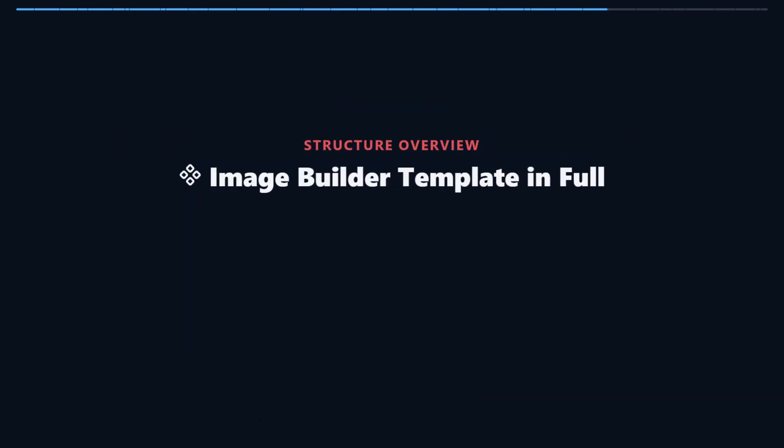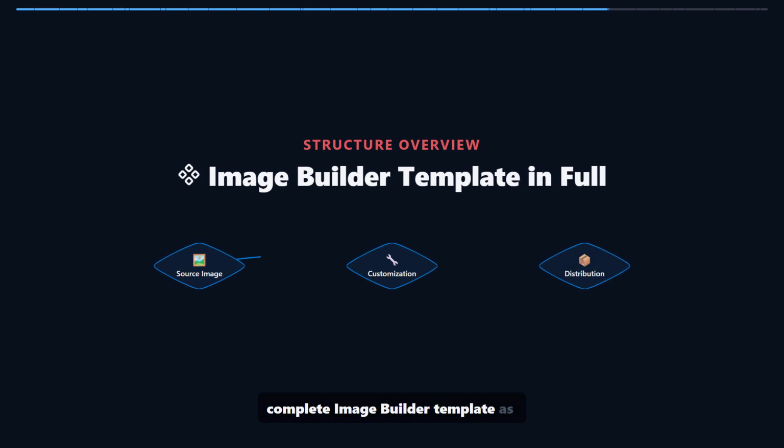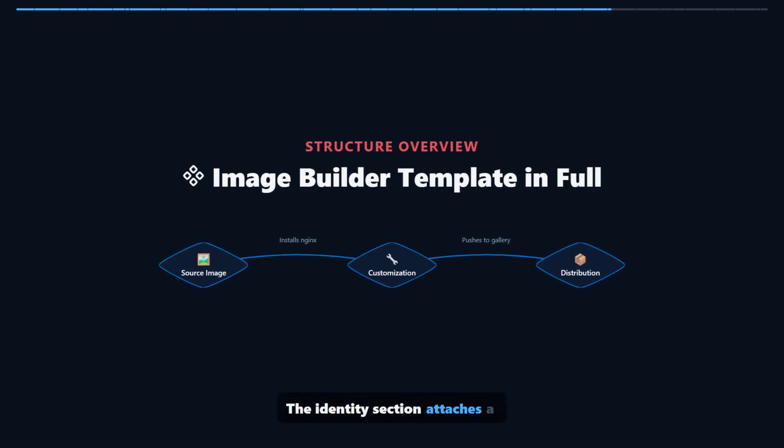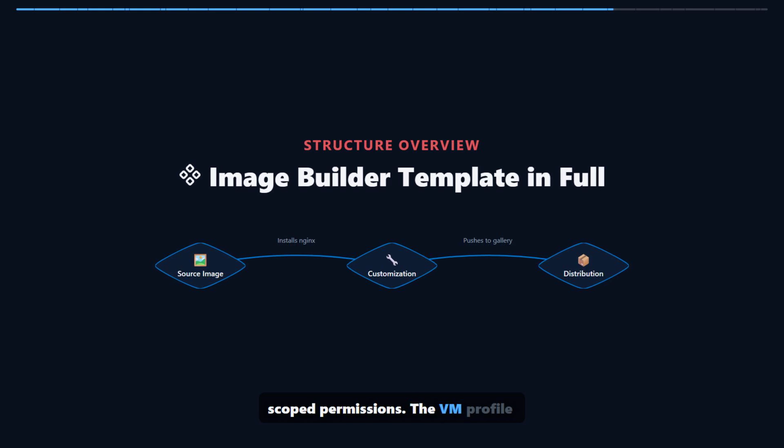Now let's look at the complete Image Builder template as a production pipeline. The source section references an approved marketplace image or compute gallery version. The identity section attaches a user-assigned managed identity with narrowly scoped permissions. The VM profile defines the temporary build VM and, when required, the custom virtual network and subnet.